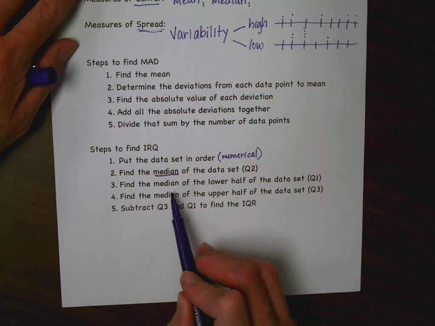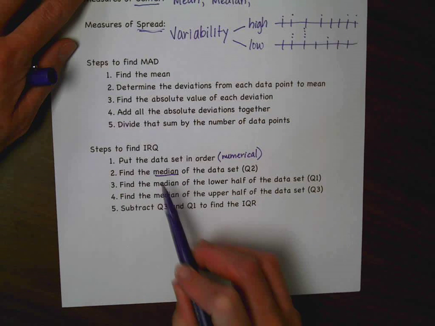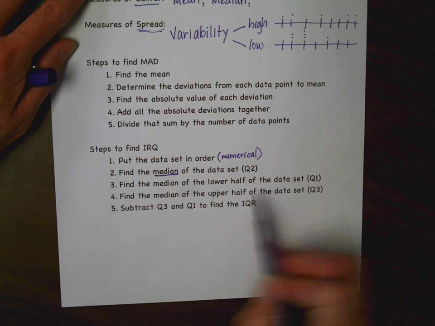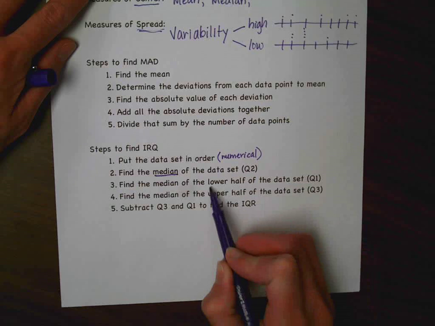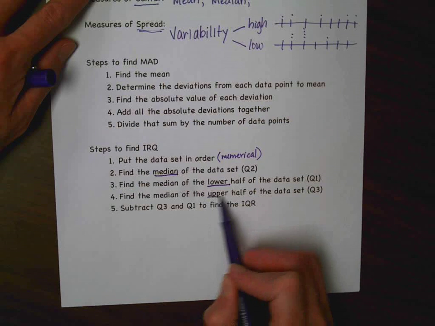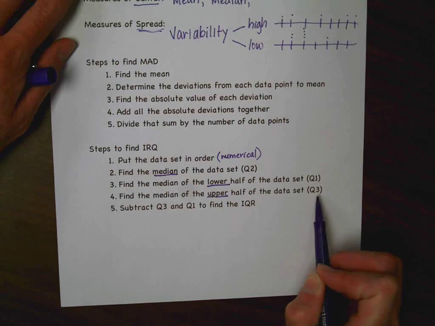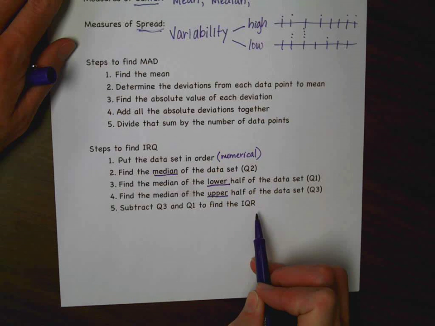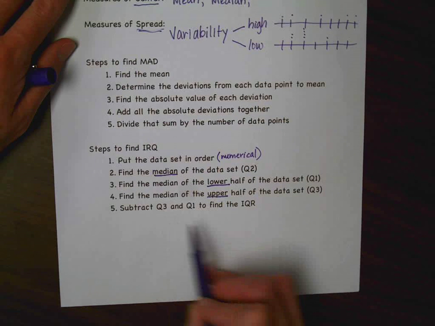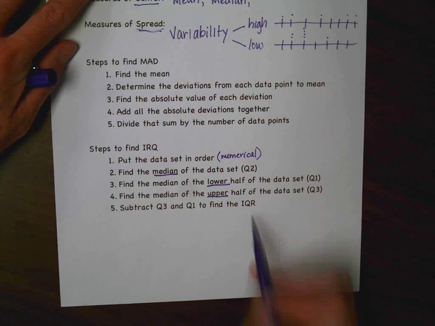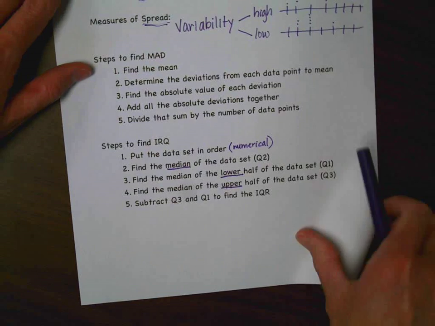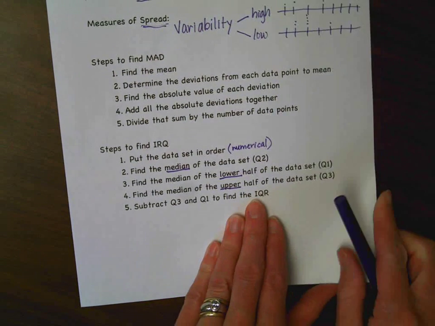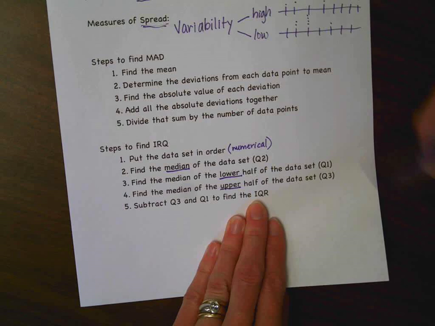Then, after you find the median, you're going to find the median of the lower half of the data set, using the median and the smallest data value, and that's known as Q1, the lower quartile. Then find the median of the upper half, and that is quartile 3. And then to find IQR, you take quartile 3 minus quartile 1, and that's how you find the interquartile range. So a lot of stuff that you guys have been learning. This is just a quick double check to find the information that you need.